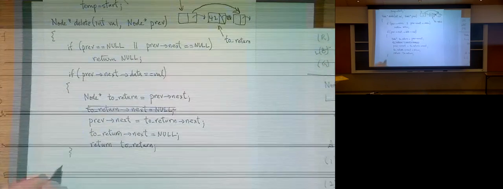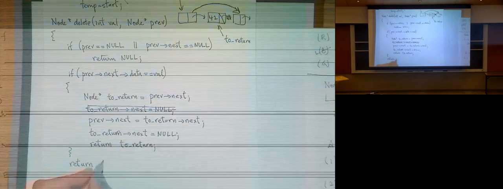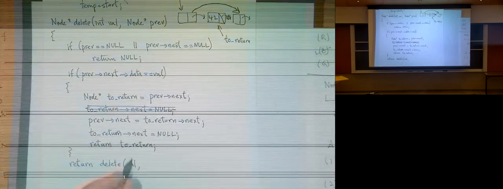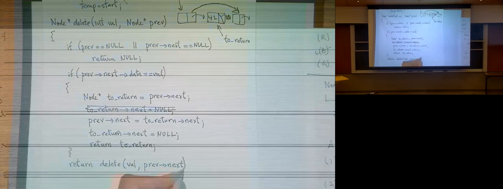And then over here, this is effectively an else. Then I can return delete a val of previous arrow next.